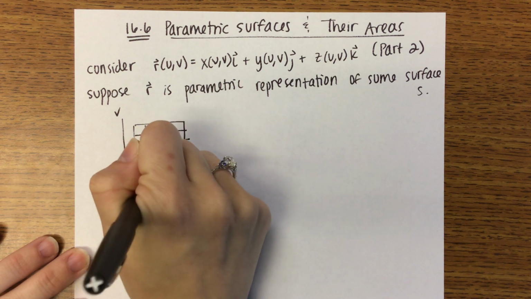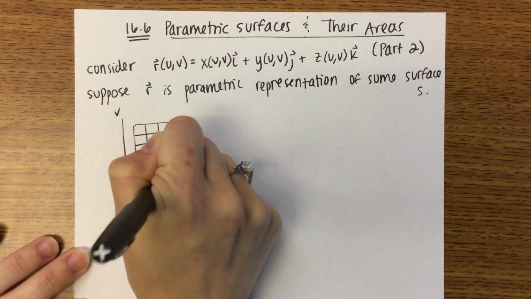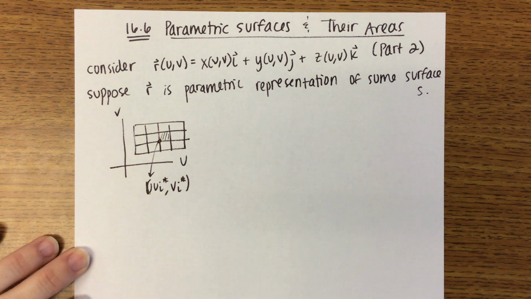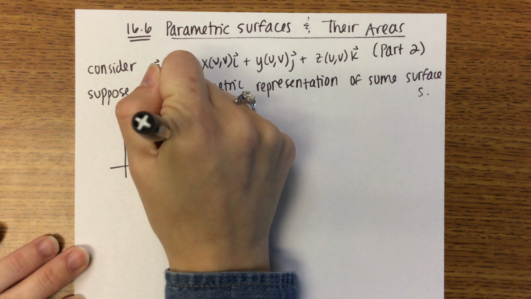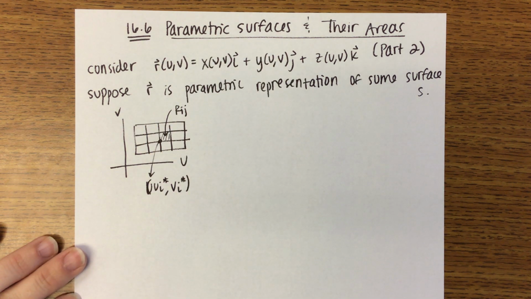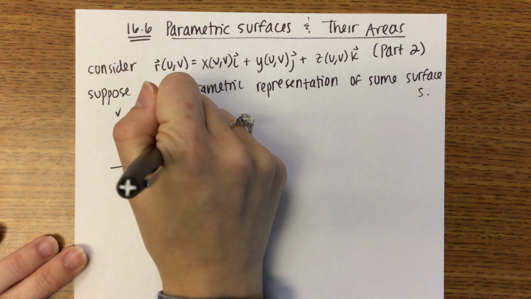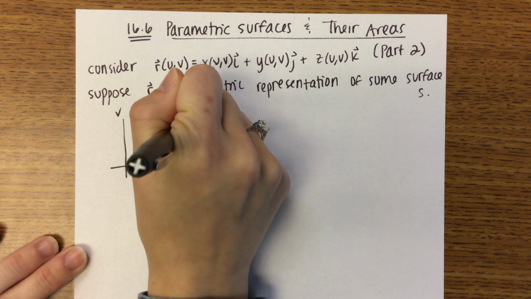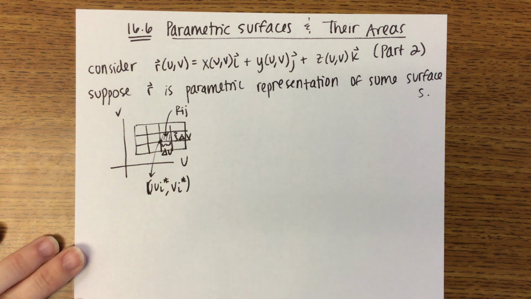I'm going to call that point u_i star and v_j star. That region is R_ij, so that refers to that specific region. This part then is delta u. This part is delta v.